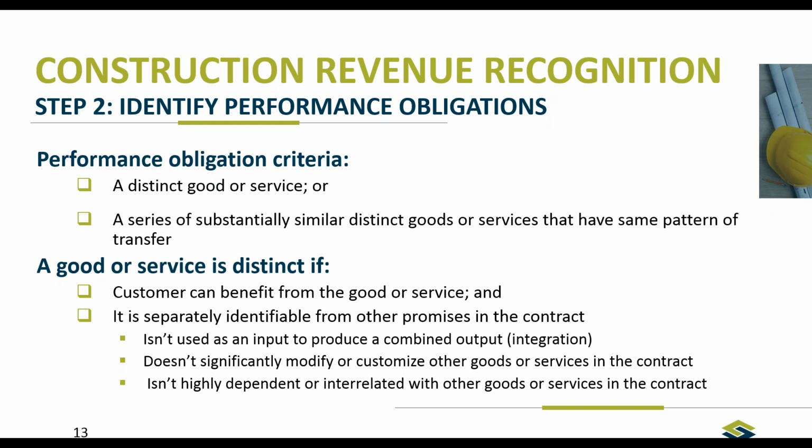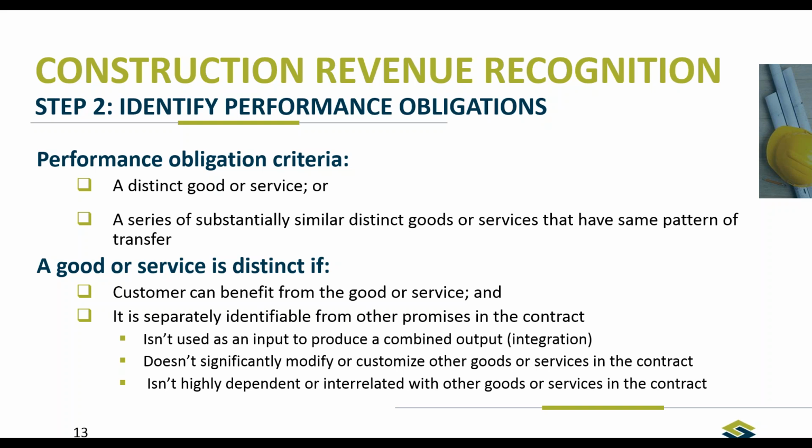That's the definition of whether or not a good or service is distinct. So obviously you have to review your contracts, determine if there are any outliers outside of your ordinary contracts, look at the details of the contract, and understand what the performance obligations are, to determine if you need to separately state those two.